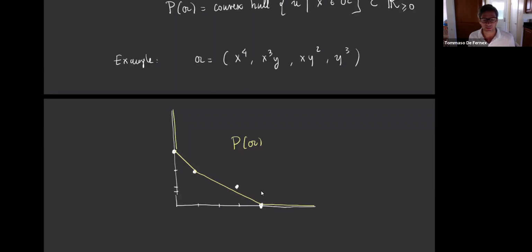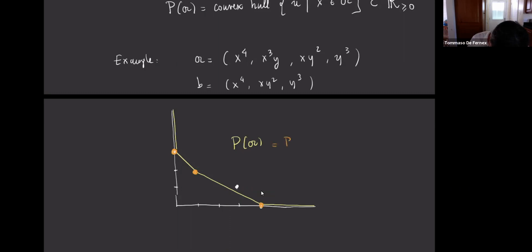For instance, if I take B to be the ideal (x^4, xy^2, y^3), in this case they would have the same Newton polygon, even though the generators of the second ideal don't include the white point left there.